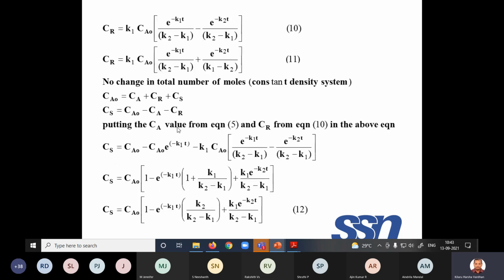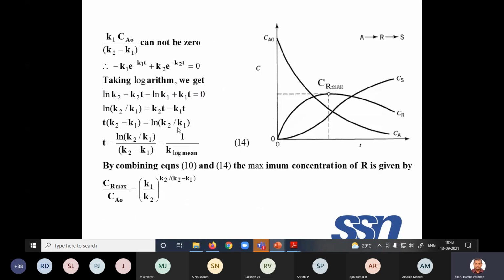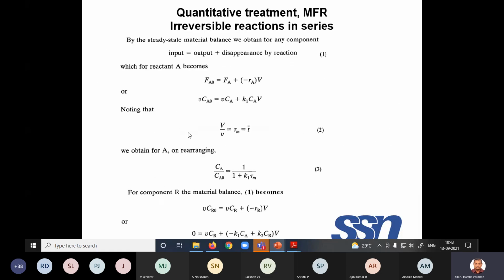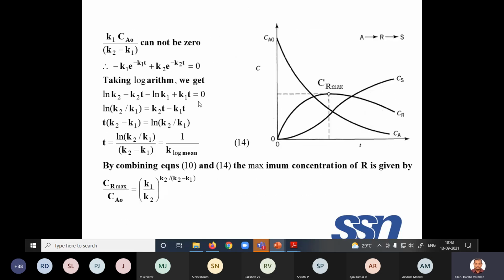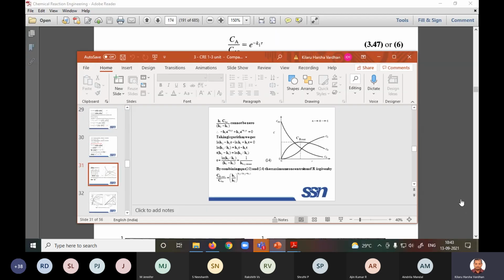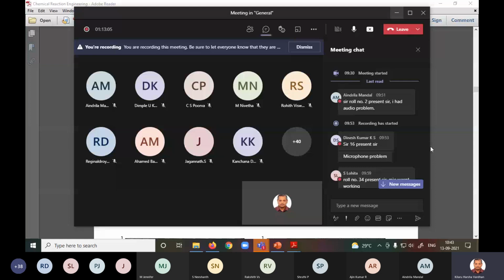The same derivation we'll do, and then go for the next thing. So that we'll see in the next class: if there is an MFR, how to calculate it, and if there is a PFR, how to calculate in series reactions. I'll stop here. Any doubt, let me know.